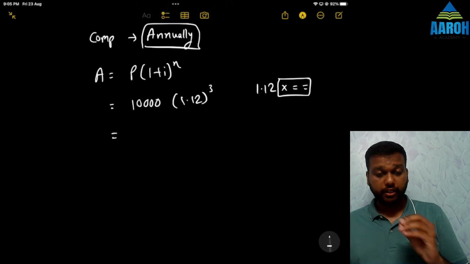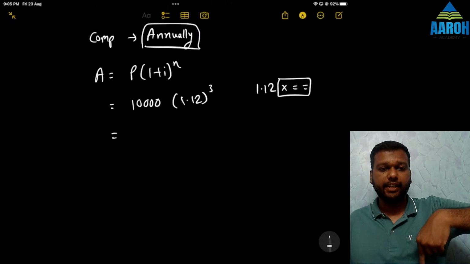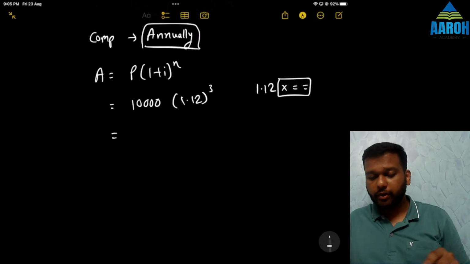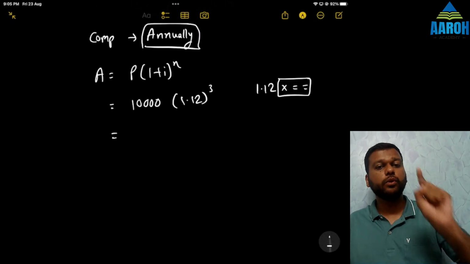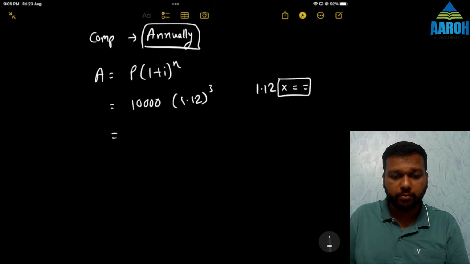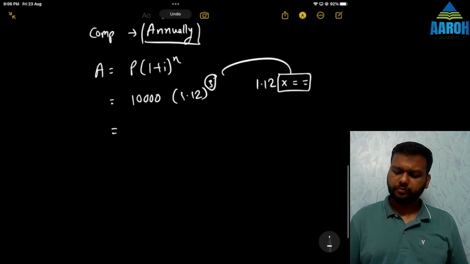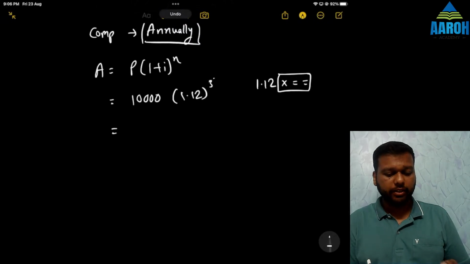Those who don't know, understand. Whenever we want to do x raised to y, where y is an integer or a whole number, what we do is x then into equal to y minus 1 times. So here we have to raise by 3, so we'll press equal to 2 times.